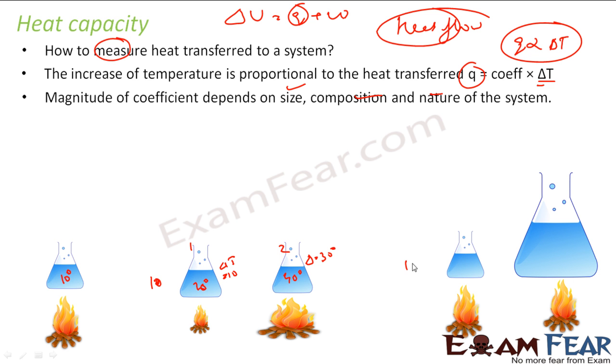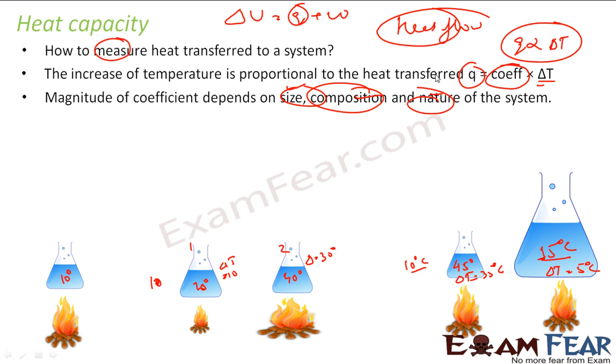Assuming you start with 10 degrees Celsius, one may end up at 45 degrees Celsius and the other at 15 degrees Celsius. So here delta T will be 5 degrees Celsius and here delta T will be 35 degrees Celsius. Just some figures I am throwing. That means this coefficient depends on the composition and nature of the system.